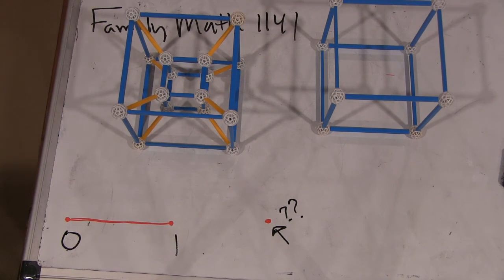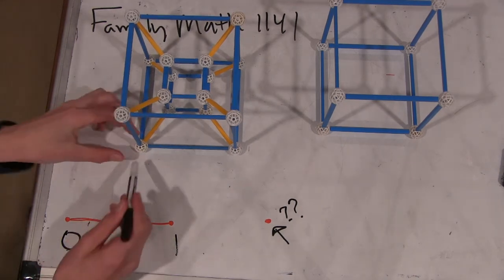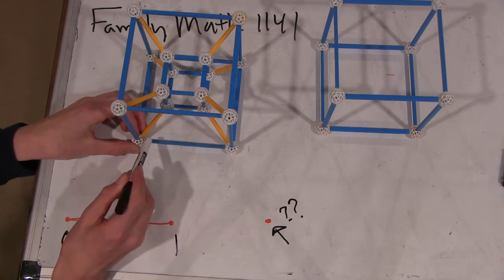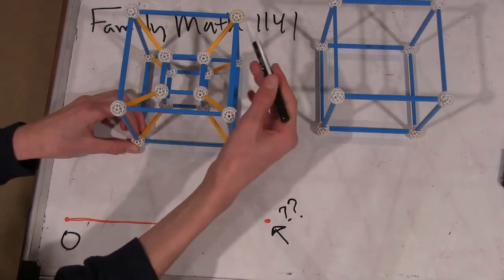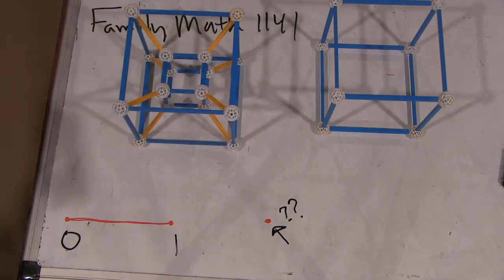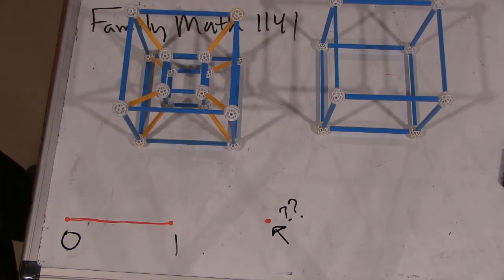Okay. And so that would make 0, 0, 0, 0 here, and then you go 1, 1, 1, 1 is here. Alright. So how do you think we can find that distance from 0, 0, 0, 0 to 1, 1, 1, 1?